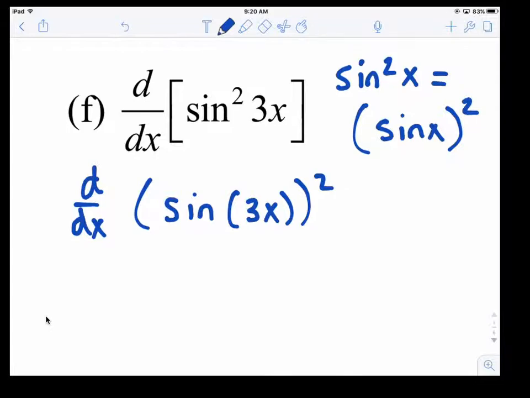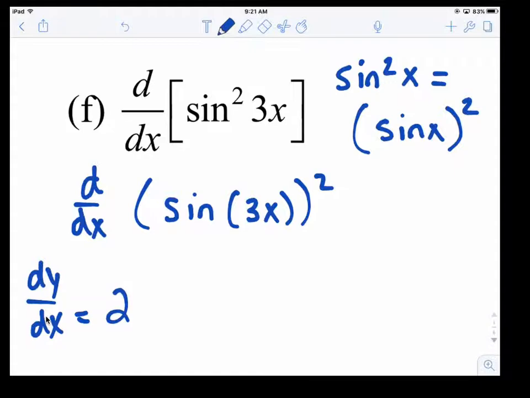All right, so how many functions do we have here that we're taking the derivative with? 3, right? So what would the first one be? Blob squared. And then the next one would be sine of the blob. And then the last one would be 3x, right? Okay, so dy over dx.